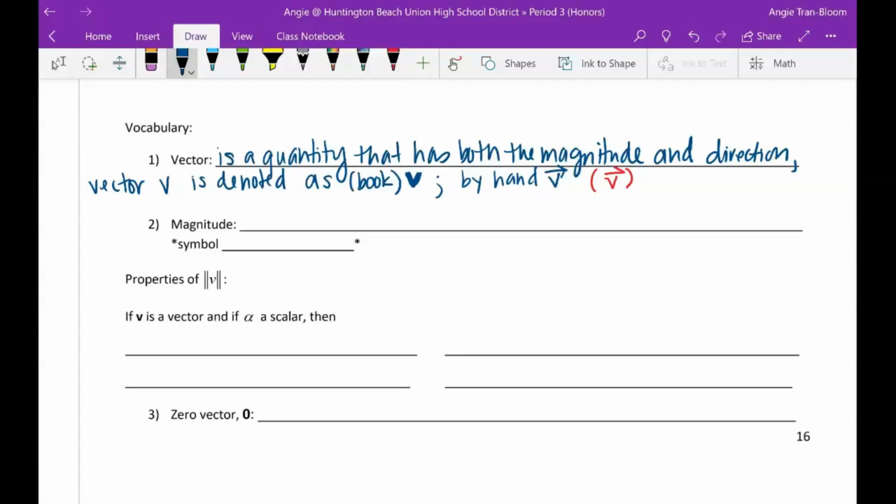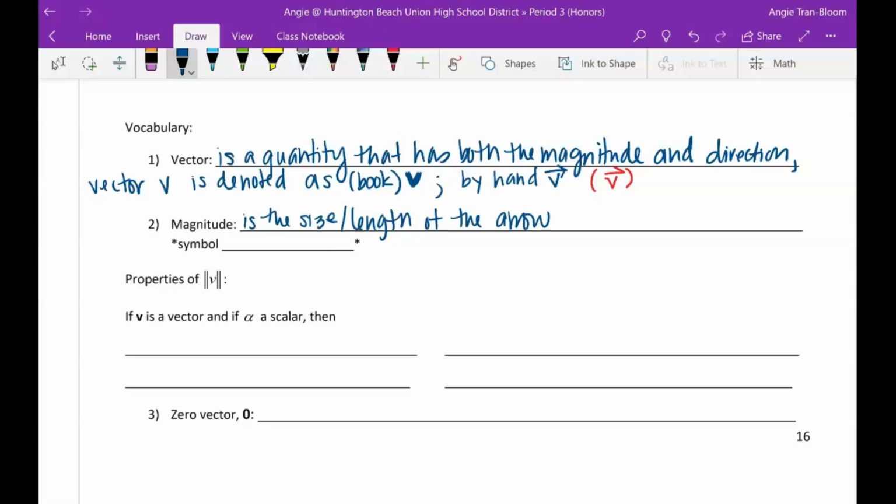Magnitude is the size or length of the arrow. Remember, the arrow is used to show the vector. So it's the size or length of the arrow.